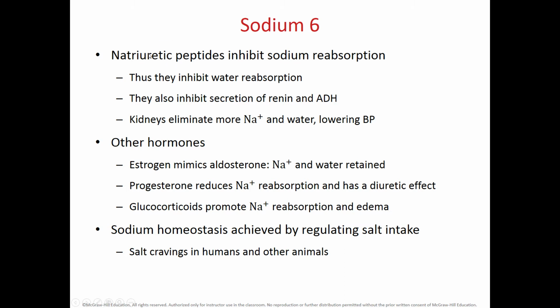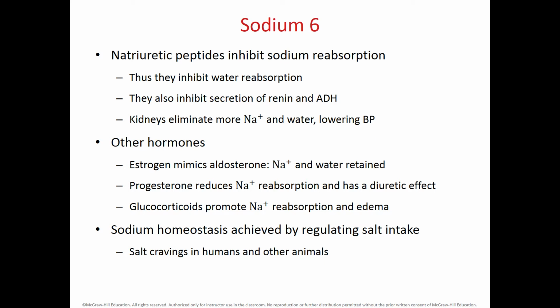So you will be urinating more sodium. So this will help to decrease sodium in your bloodstream, and you will prevent water reabsorption. So your kidneys will eliminate more sodium and water, decreasing blood volume and decreasing blood pressure.